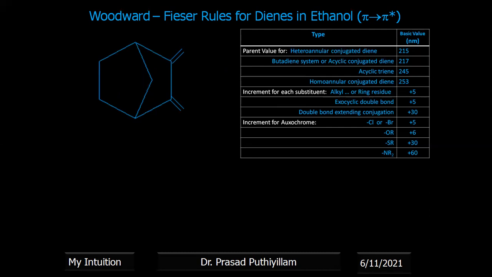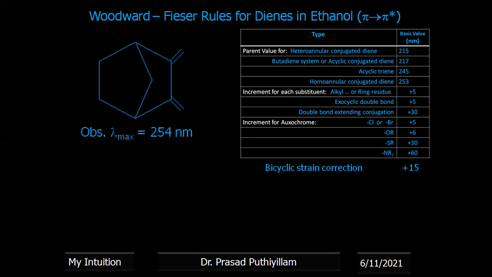Now a particular structure. Okay, so this structure has a bond of this nature. That means it is bicyclic. It is not a fused one. It is a bicyclic structure, so one extra increment we need to add. Anyhow, the observed value is 254 nanometer.